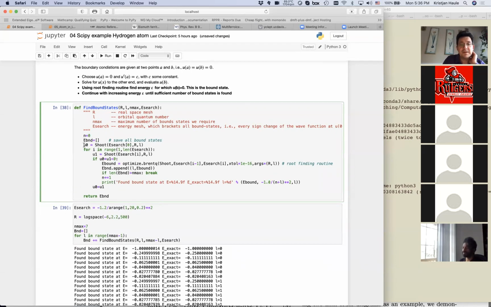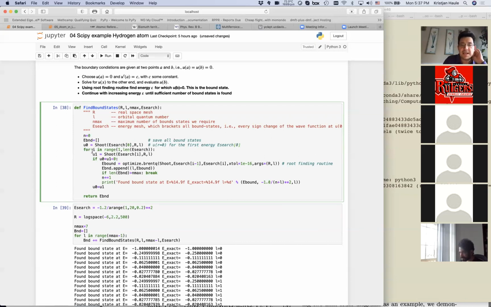Okay, then we evaluate the function in the first point on the mesh, E-search. So this is for the first energy, u of r, u at r is equal to 0 for the first energy, which is actually E-search of 0.